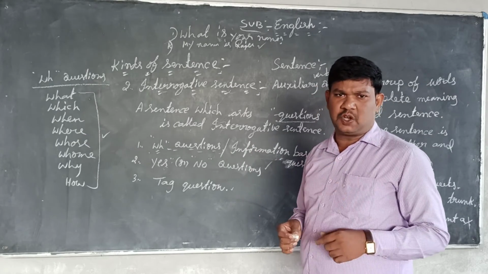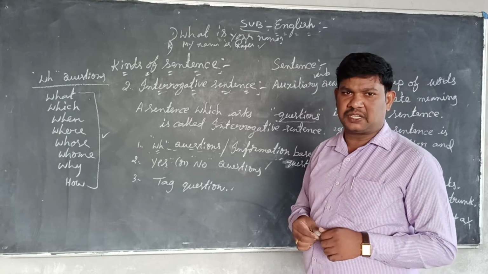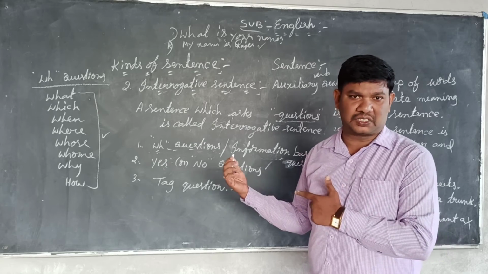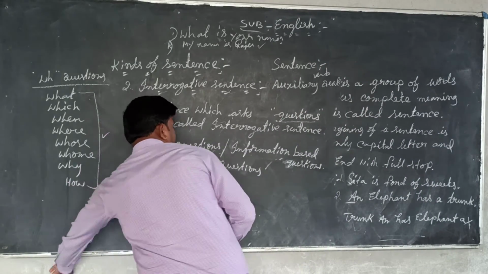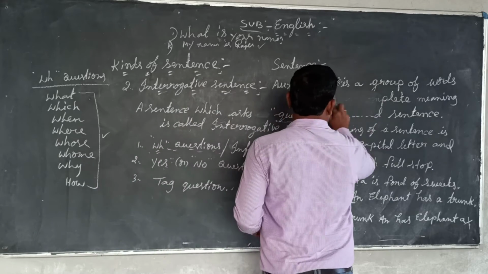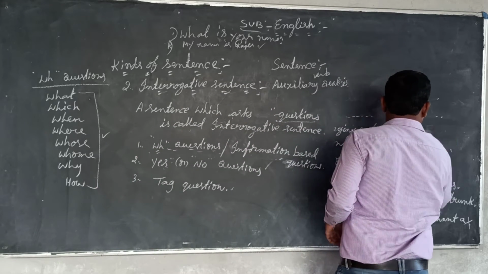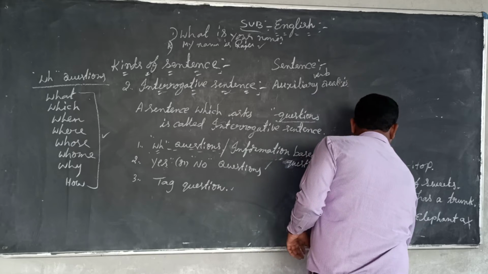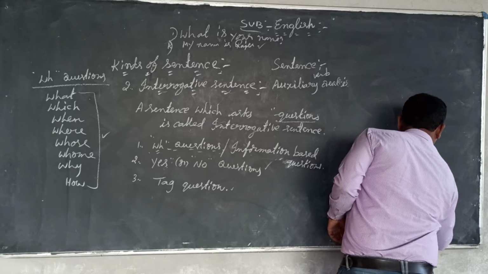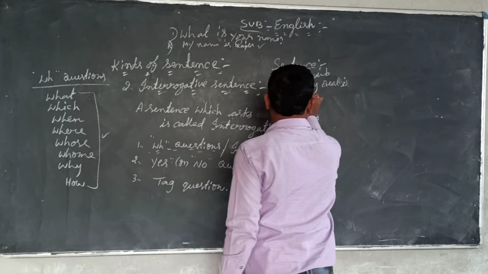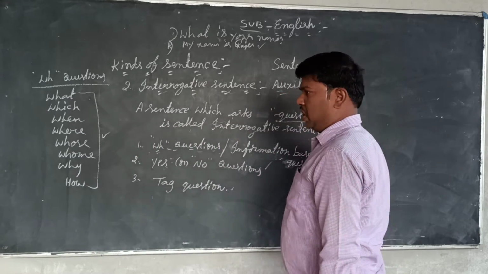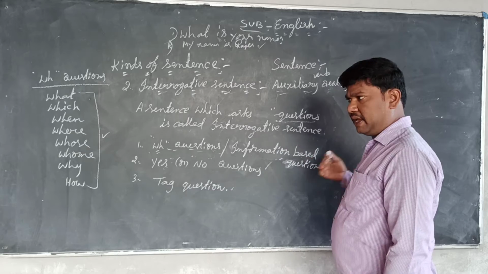Let me show one example. How does the answer come for yes or no questions? Okay, see here. Auxiliary verb questions: can, could, do, may, might, as I already told you.